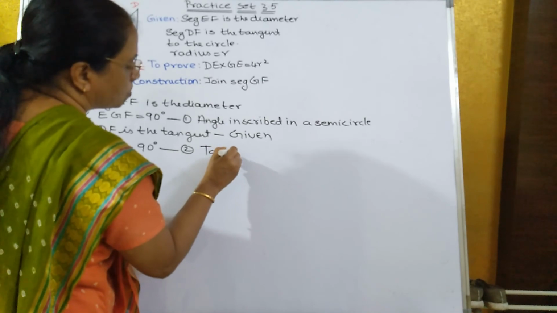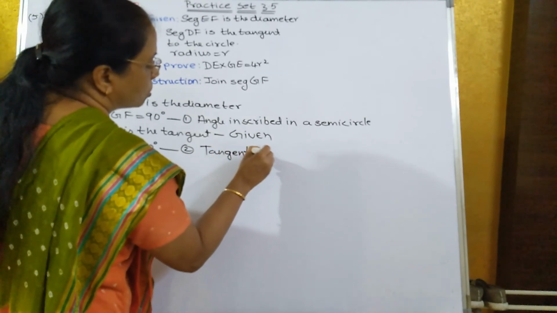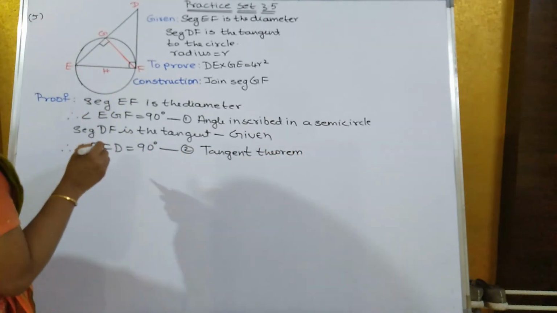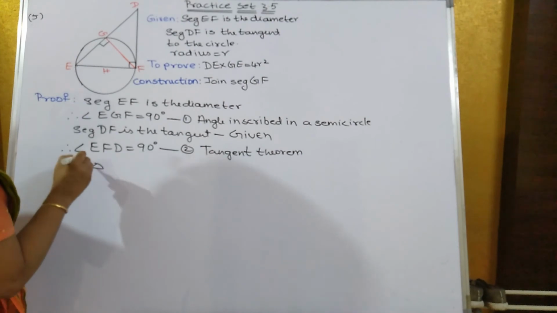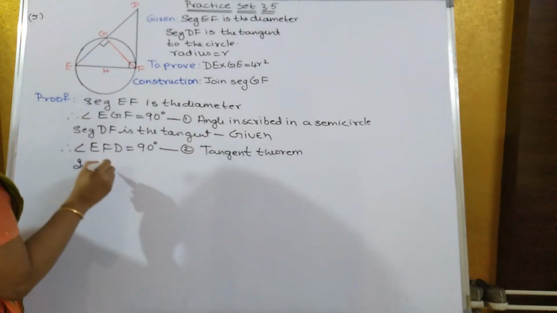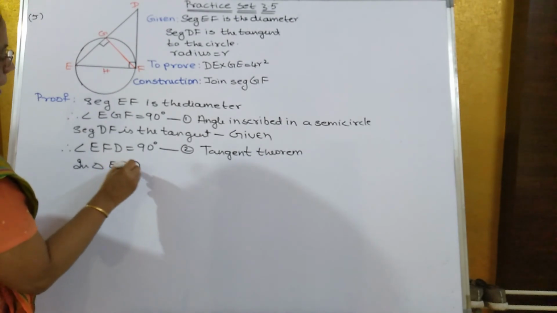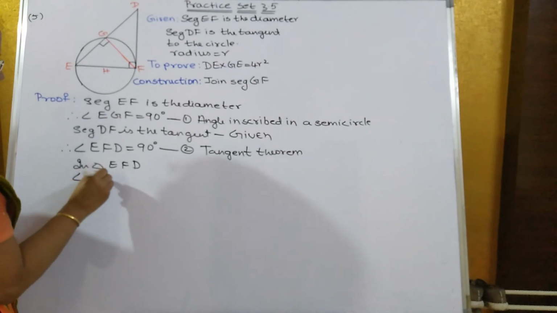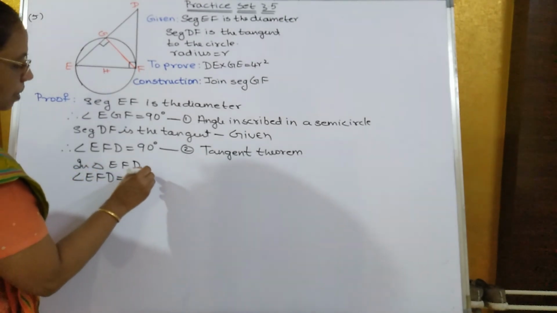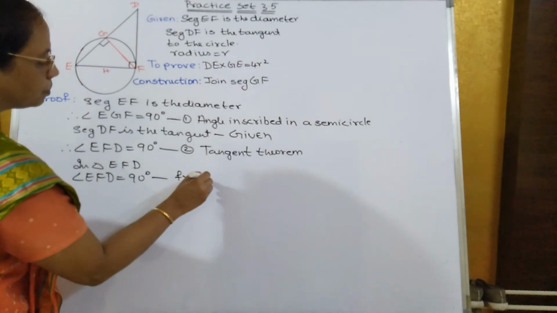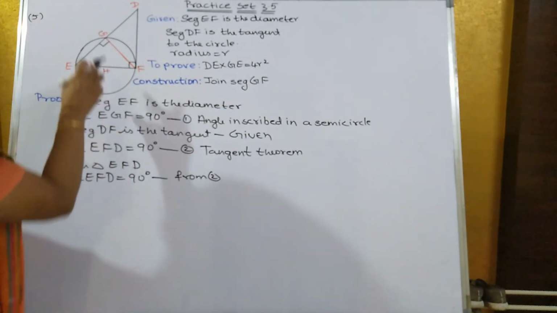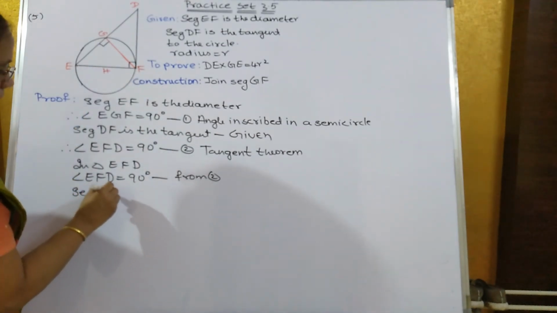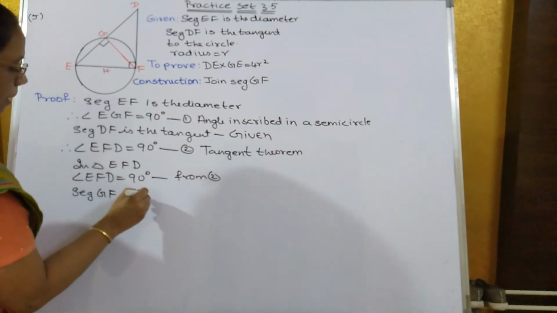Radius is always perpendicular to the tangent. So, tangent theorem. Now in triangle EFD, angle EFD is equal to 90 degrees from 2, and seg GF is perpendicular to side DE.